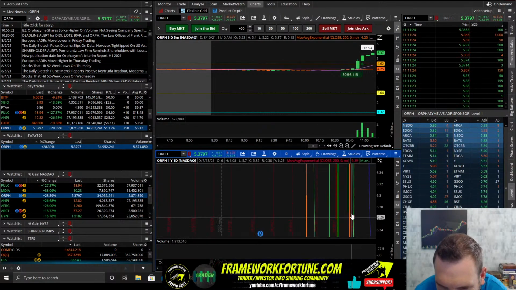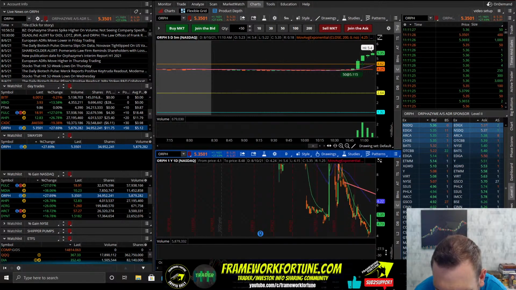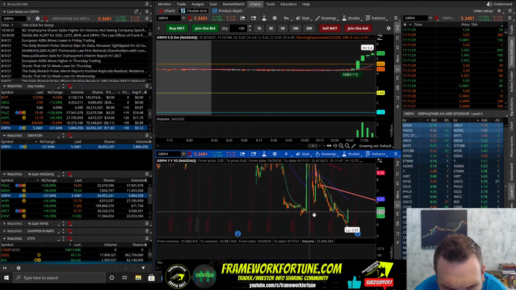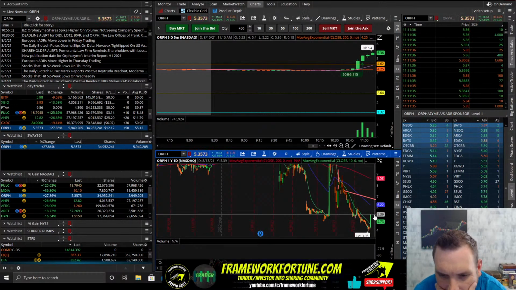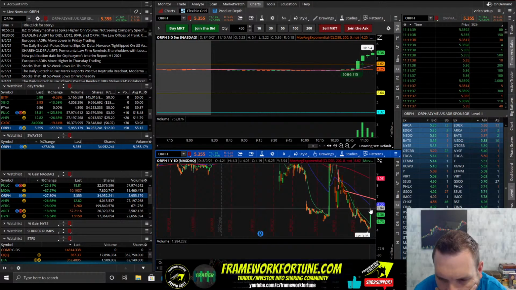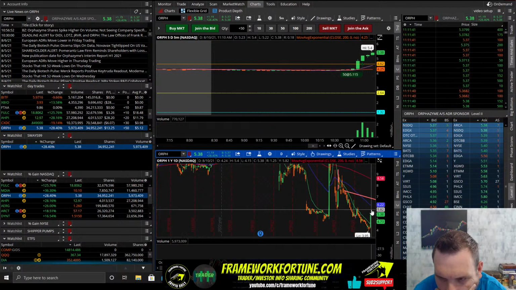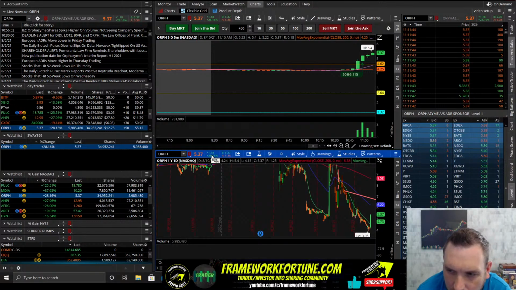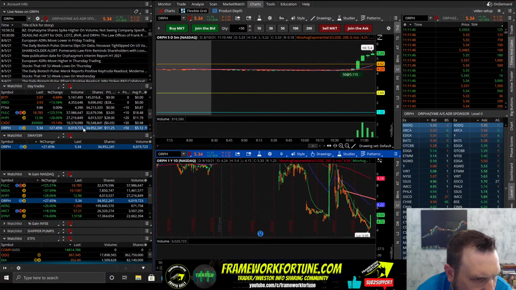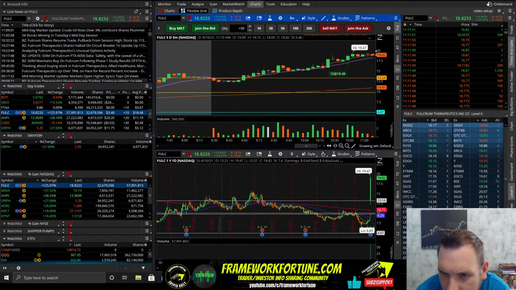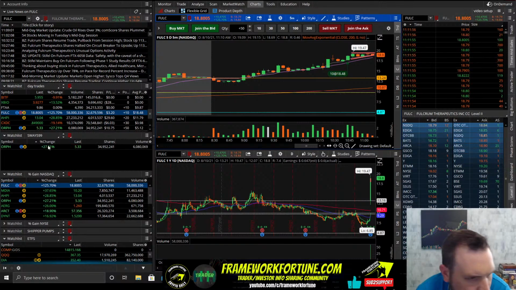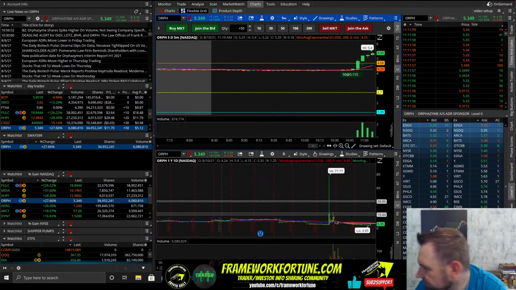Where did it go? We got a lot of resistance here at 540. Break of 540 though, this could run some more. FULC is just making a triangle of consolidation here, right below 20, looking for it to pop.